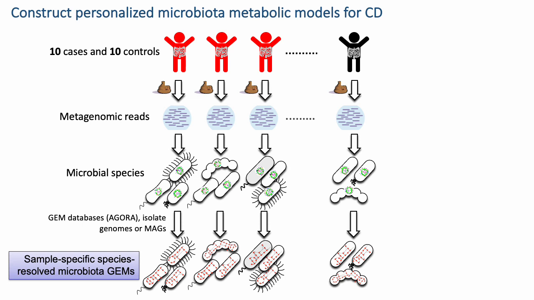And if they could not be mapped to an existing gem of metabolism, then we map them to databases of isolate genomes or databases of metagenomically assembled genomes, or MAGs, and then we can construct new metabolic models from isolate genomes or MAGs. So this way we get the gem of metabolism for each species that is present in each fecal sample.